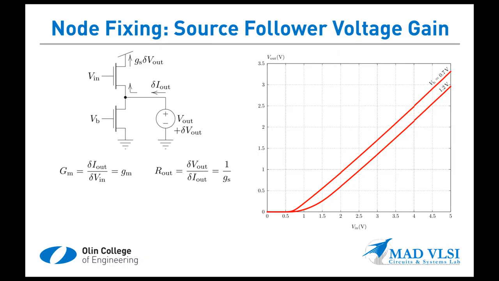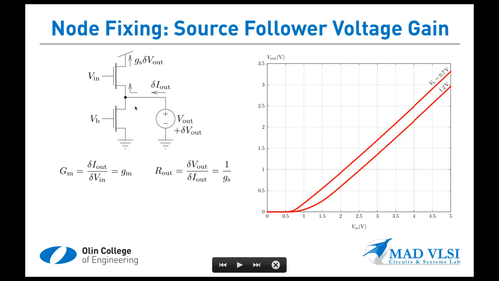Well, here we look into the circuit and we see two things in parallel. We see the drain terminal of the bias transistor, and we see the source terminal of the source follower transistor. And so we would see the incremental output resistance of those two things in parallel.